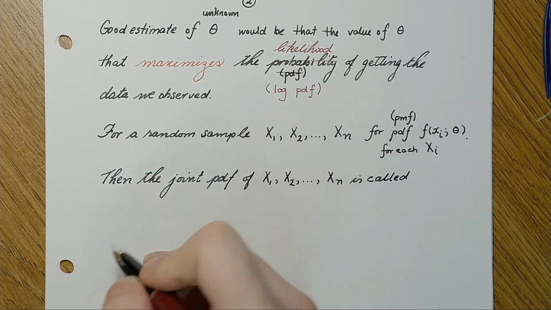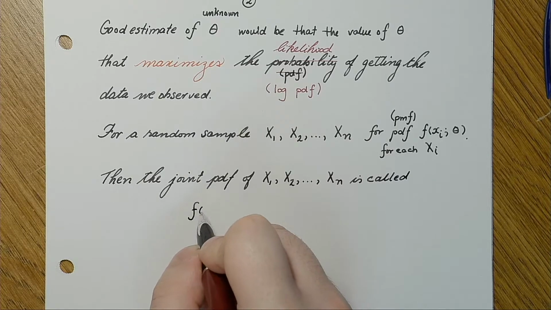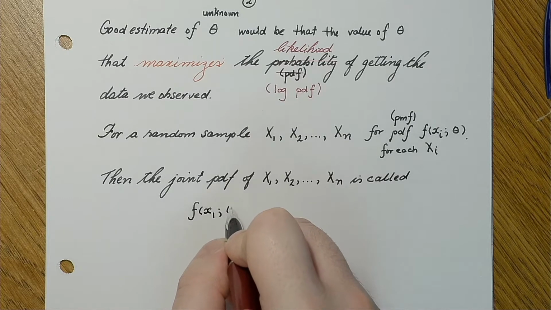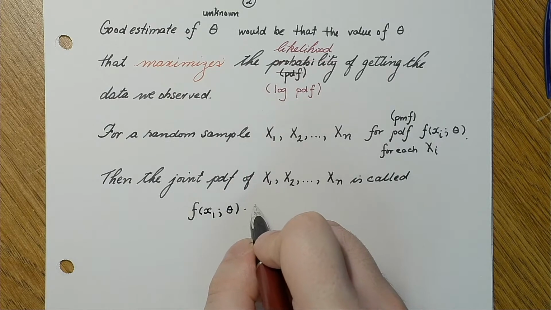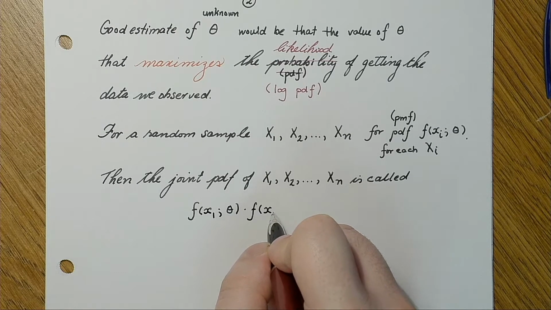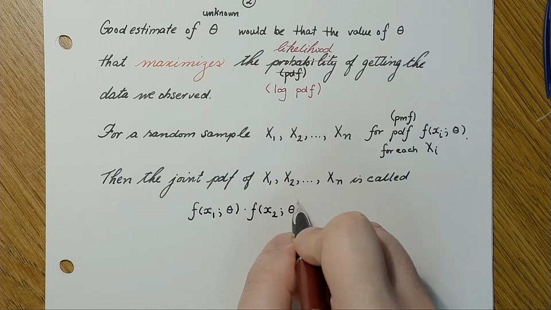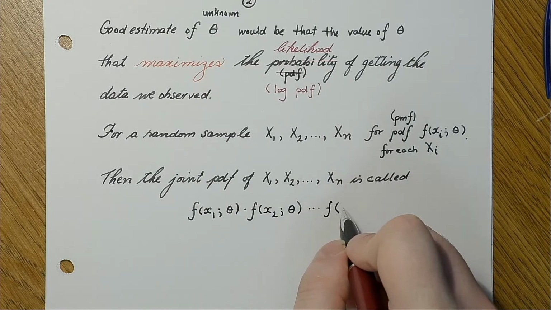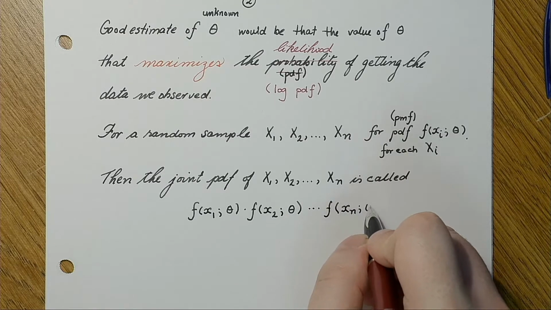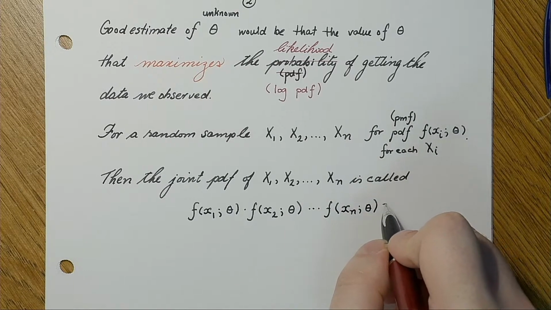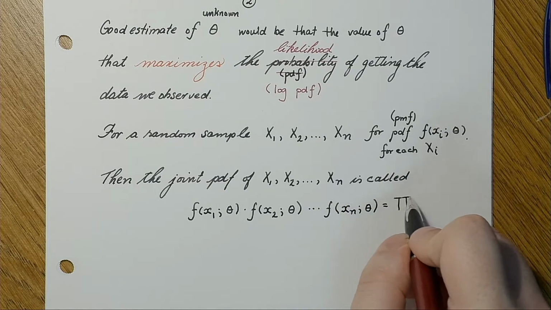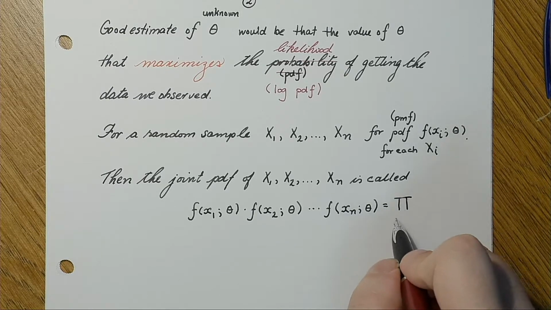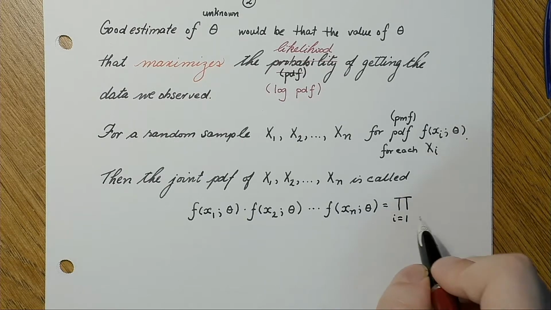So what I was saying here is I have my probability, my PDF, and they're joint, so we're going to multiply them together. So I'm going to use the big capital Pi notation, and this means the product.